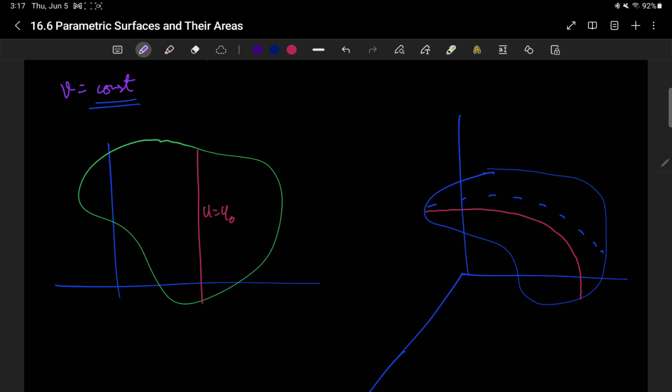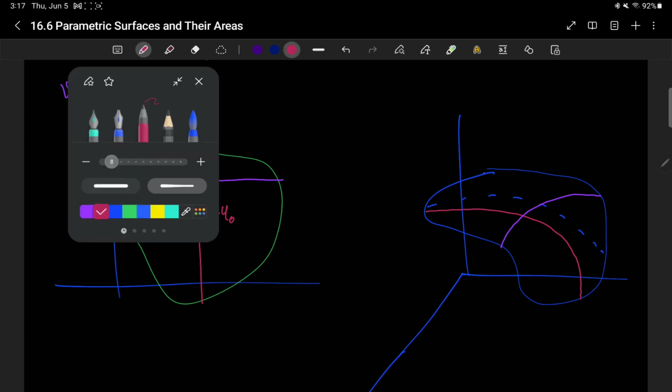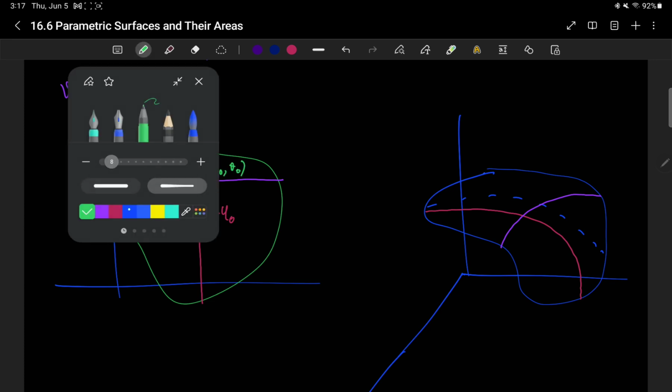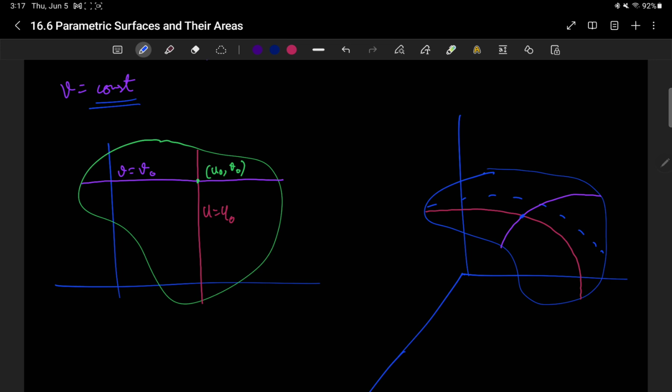Whereas if I go across and have v equals v naught, considering what happens when v is constant, that gives us some other cross section. And from there, we obtain that every point u naught, v naught becomes, in this other world, the vector pointing to r of u naught, v naught.